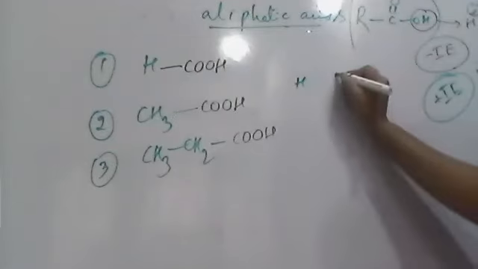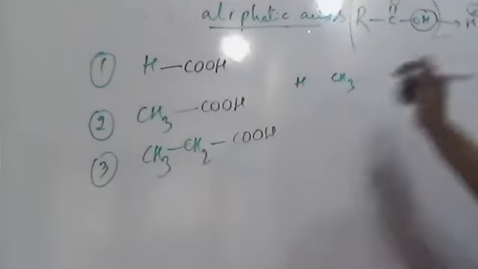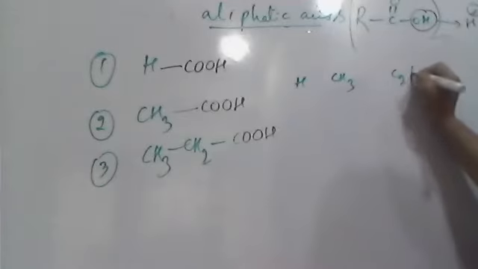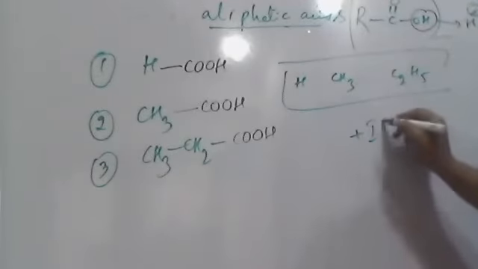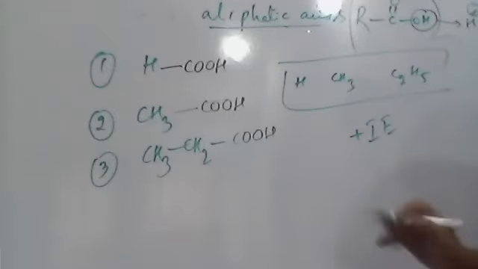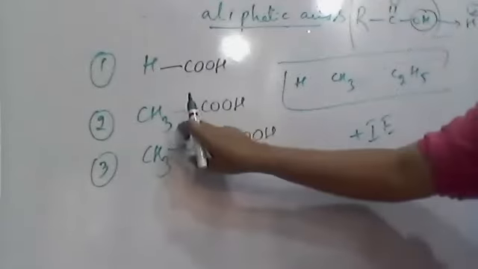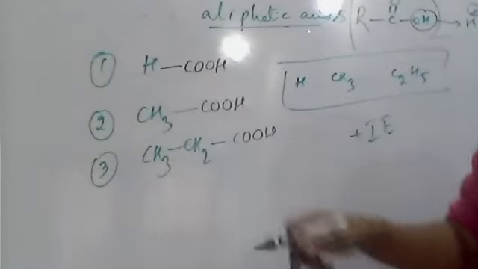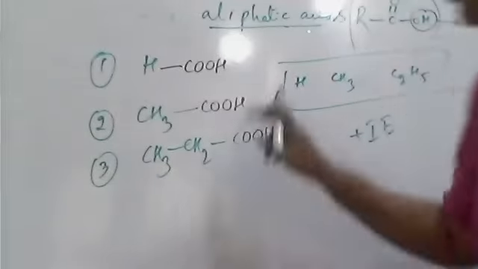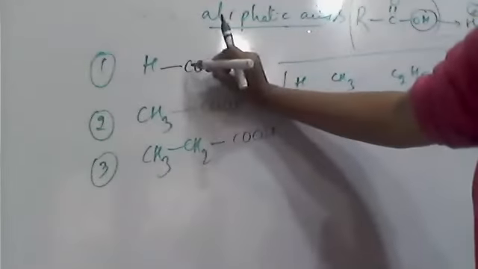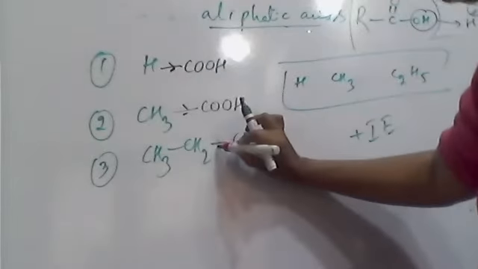Hydrogen, methyl is alkyl, and C2H5, this group also is alkyl. See, these are plus I affecting groups, and these increase the electron density on the carbon chain, on this carboxylic carbon, because these are plus I groups.